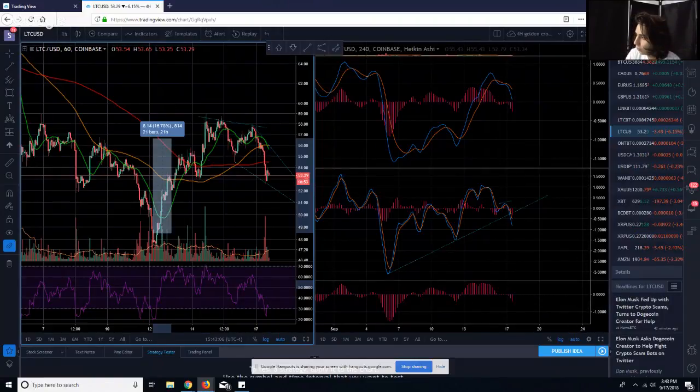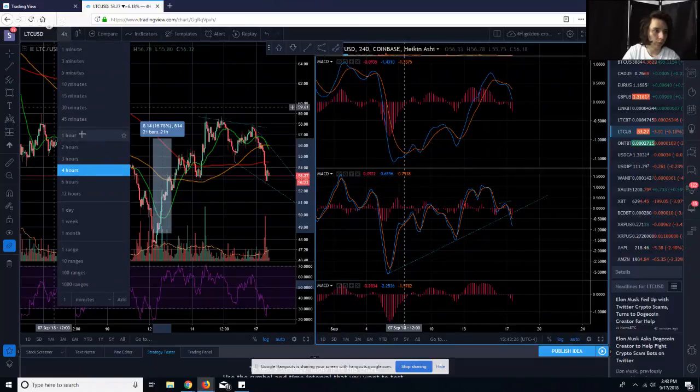Okay, cool. So Litecoin on the hourly was on an uptrend throughout this entire time. I didn't really see any sell signals. Take a look at the 1 hour.